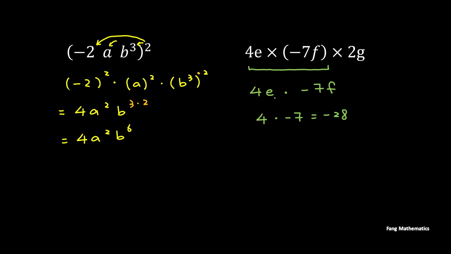And then you have the variable e, and no e in your second term, and you have the f, and you should combine the results you get. You have minus 28 e and f, and we are to use that to multiply by 2g.